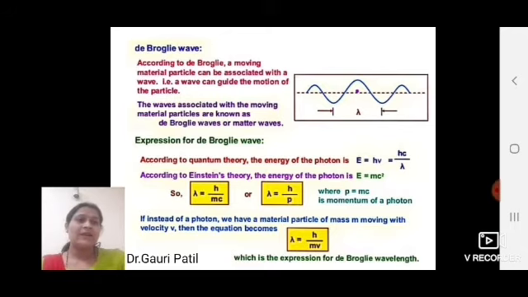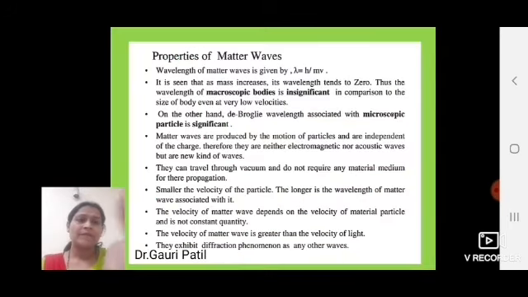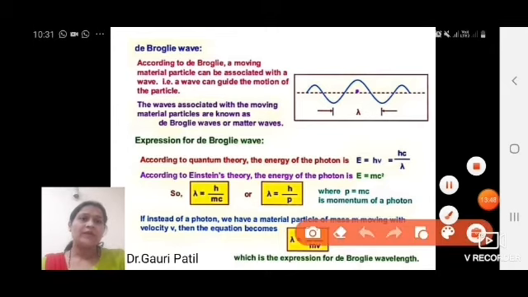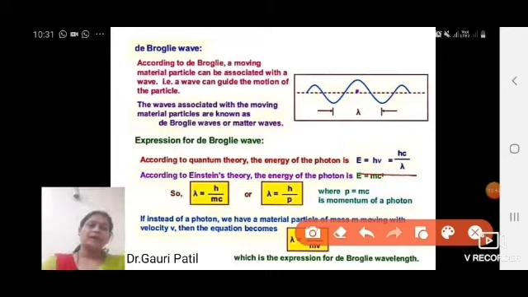Here, once again I will repeat. We have the equation for the energy of a photon, E is equal to hν, which is hc upon λ, where according to Einstein's theory E is equal to mc². So if E is equal to mc², then λ becomes h upon mc.